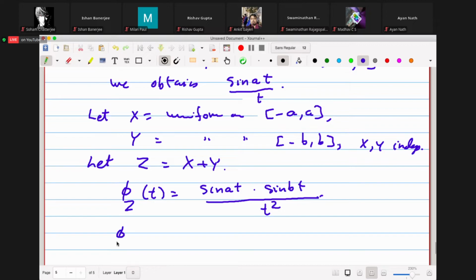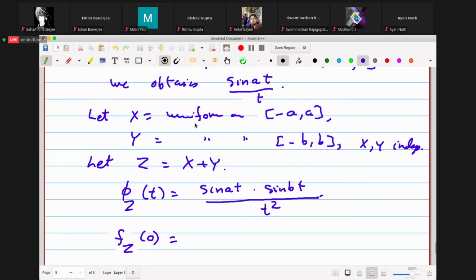So what is the distribution? I can now write the inversion formula at 0, for the density function.